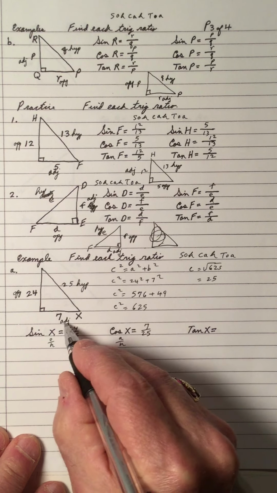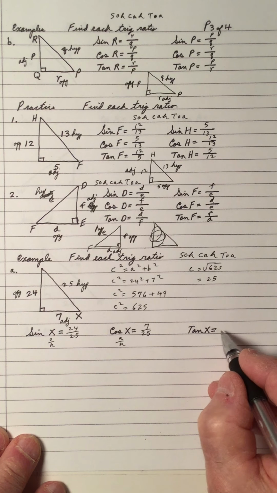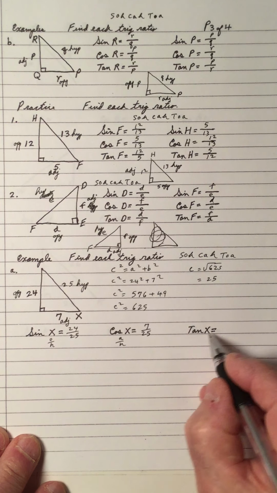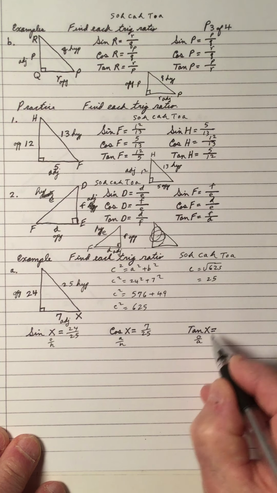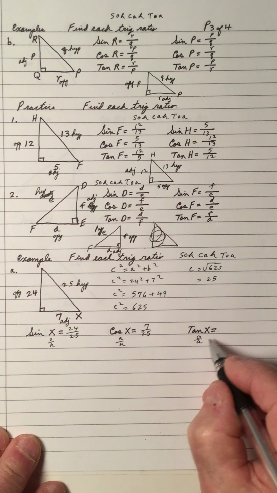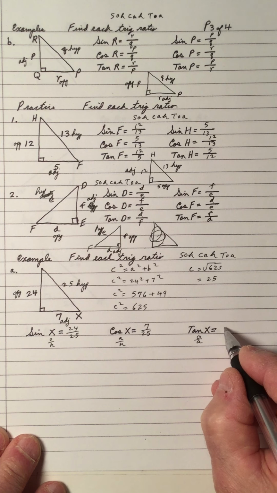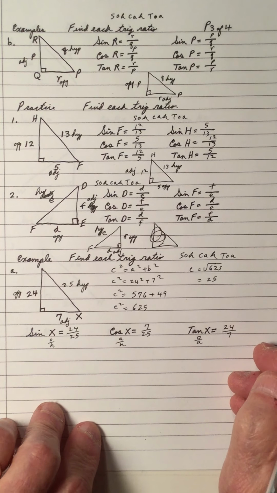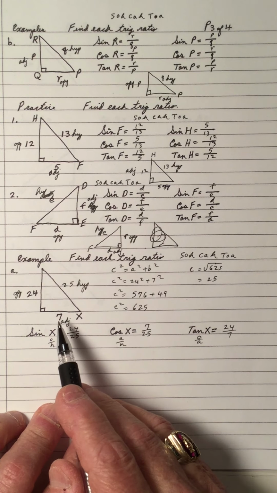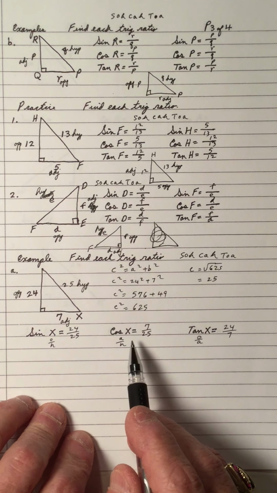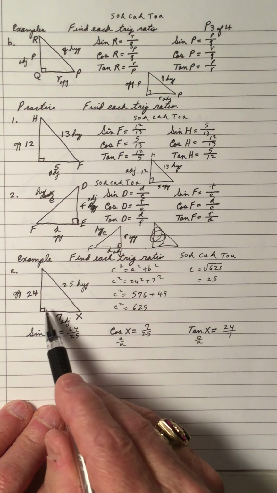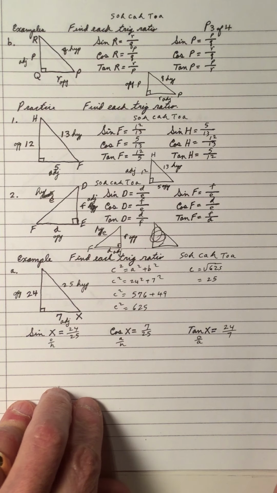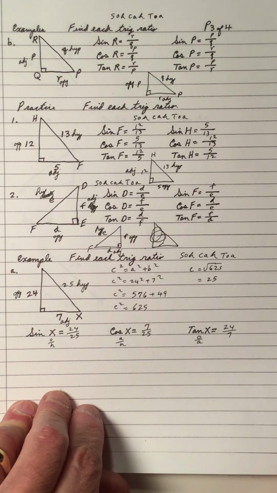And tan of x is opposite over the adjacent, so that's opposite is 24 over adjacent 7. So notice I had to work out the hypotenuse in order to do the ratios. I could have done tan because in relation to x, I have the opposite and adjacent here, but I had to get the hypotenuse to do sine and cos.